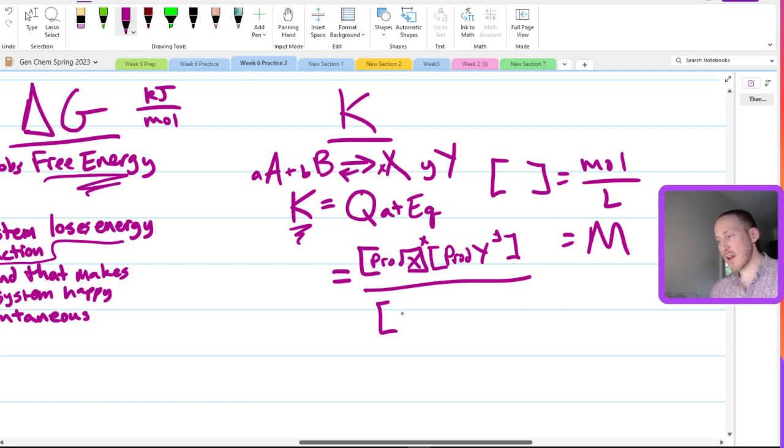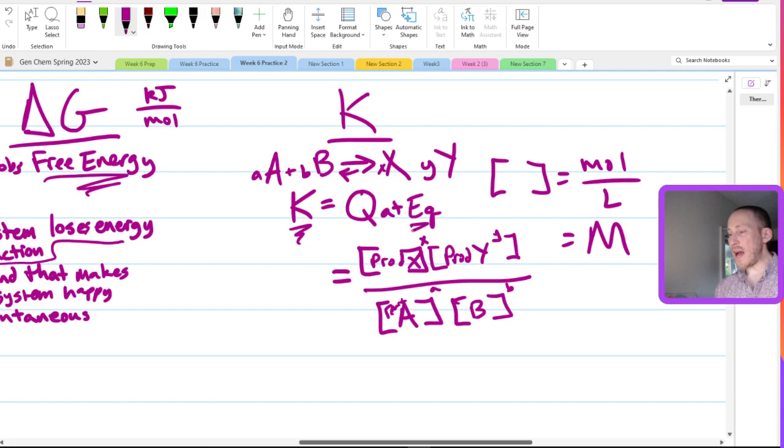This is our expression, and you probably know all this, but it's good to just think about it again and tie it all together. So here's the concentration of reactant A to its coefficient, reactant B to its coefficient.